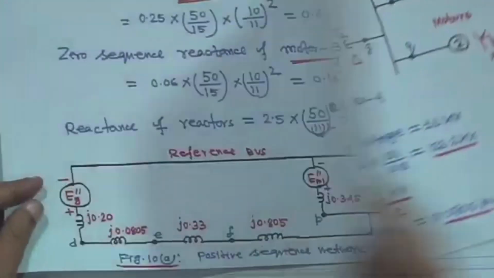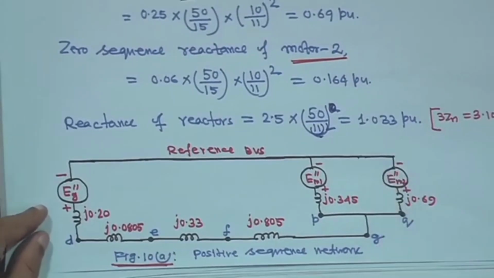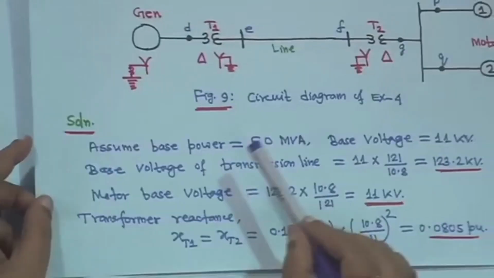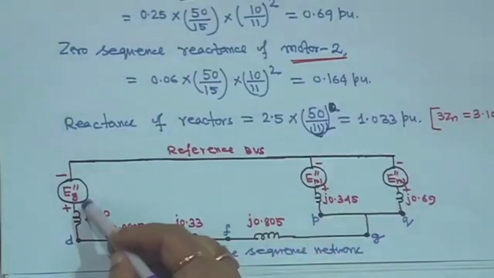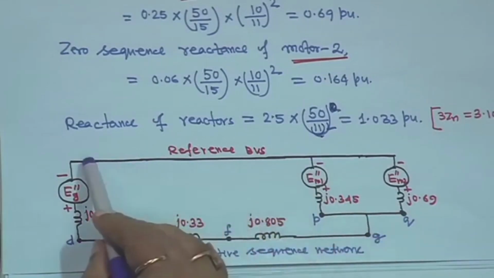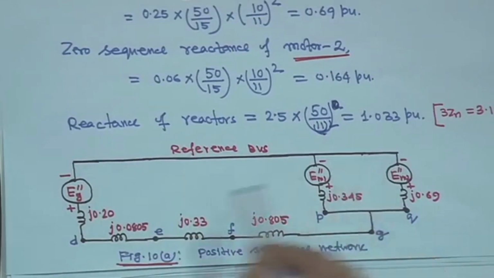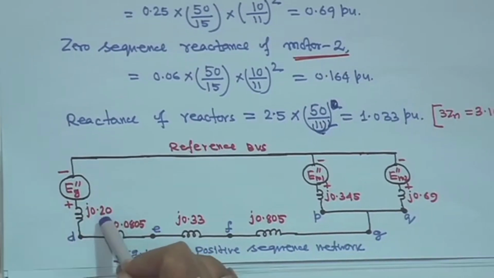So this reference bus, you have to take one reference bus. Now this is your generator, all subtransient parameters are given for the generator and motors. This is E_G double dash, this is the reference bus, any one you have to take as reference, and this is plus minus, and this is J 0.20 for the generator.